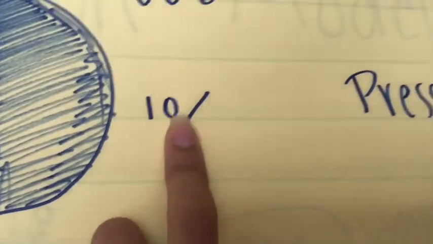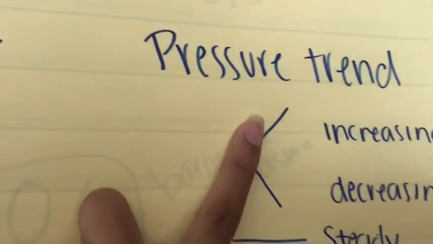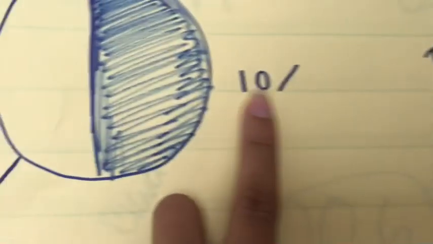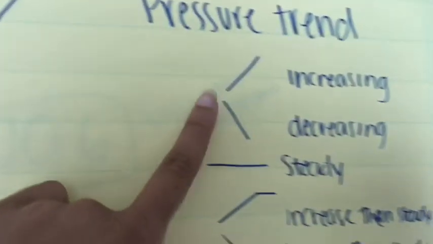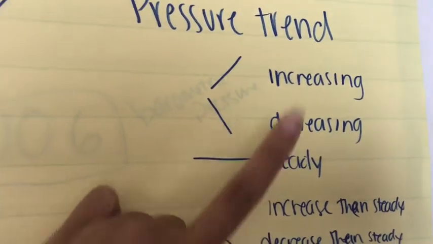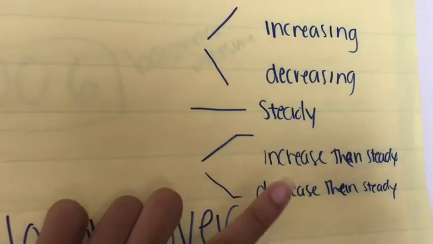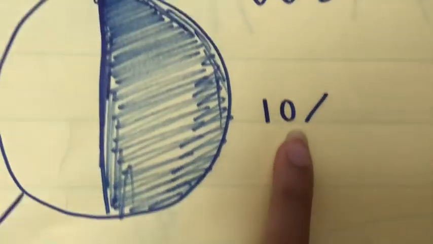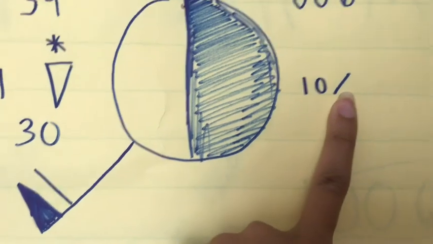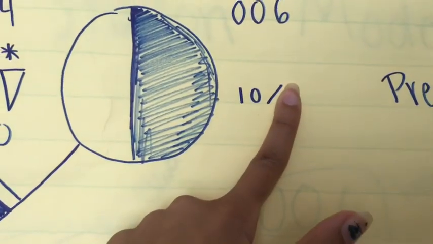This part is also a little bit confusing, but this is going to be your barometric pressure trend. And this line, you want to pay attention to whether it is slanted up or slanted down. That tells you whether your air pressure is increasing, decreasing, steady, increasing then steady, or decreasing then steady. In this case, the pressure has increased.